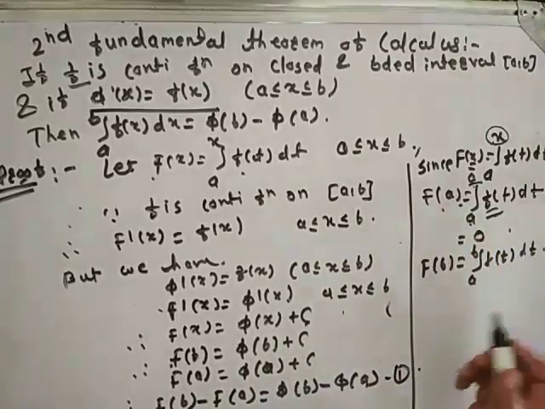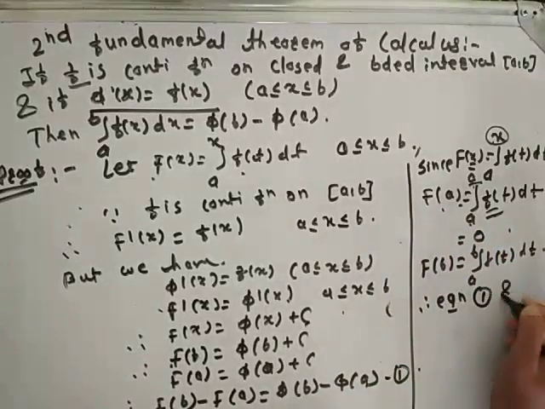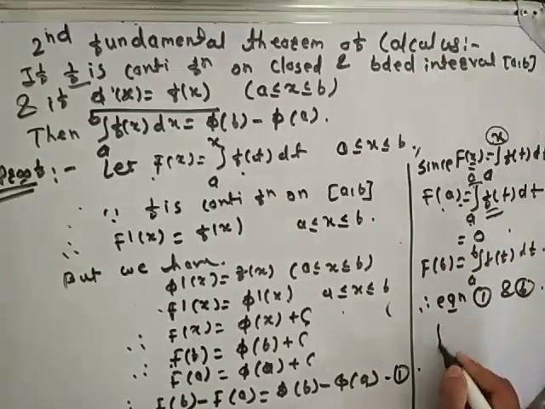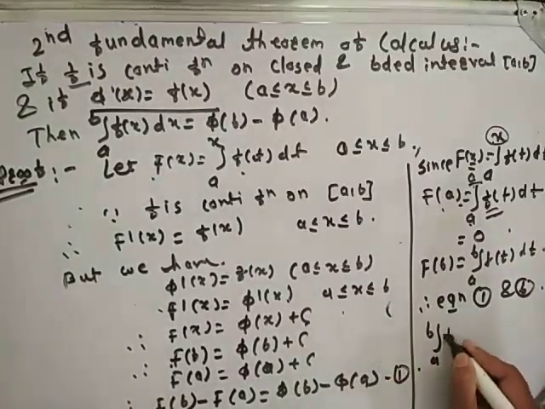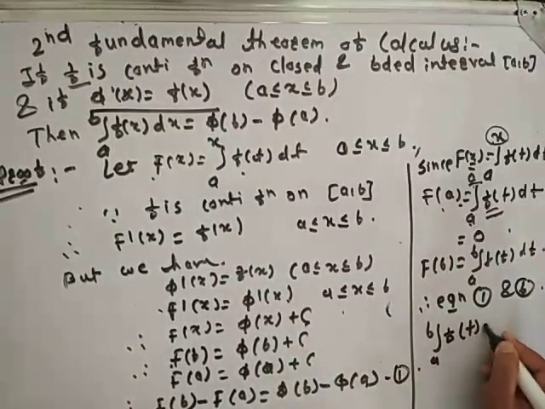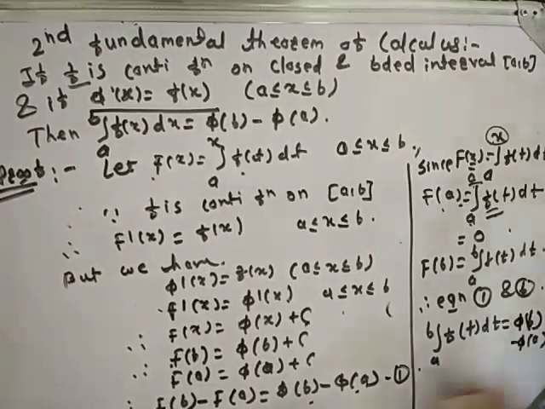Now put these values in equation 1. Therefore equation 1 becomes integration from a to b. Here F of a is 0. F of b is integration of f of t dt, minus 0 is equal to phi of b minus phi of a.